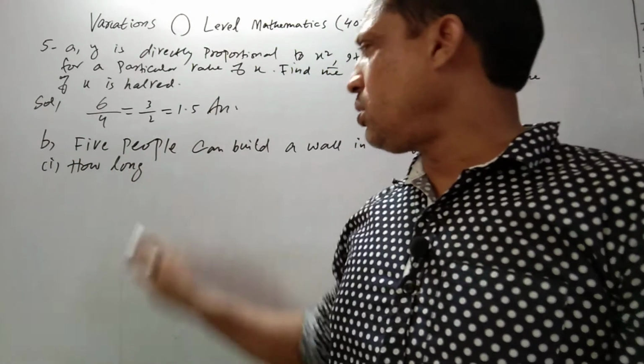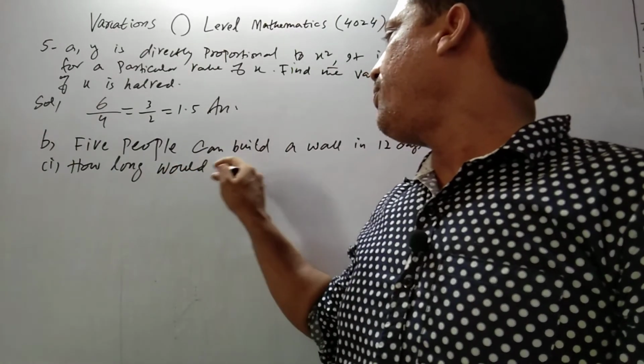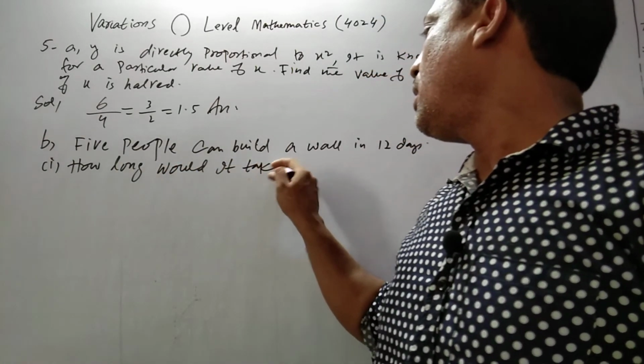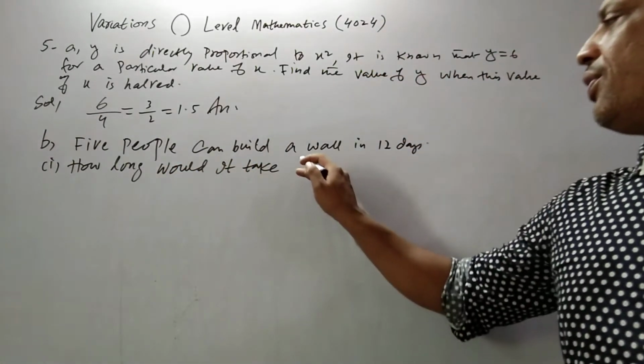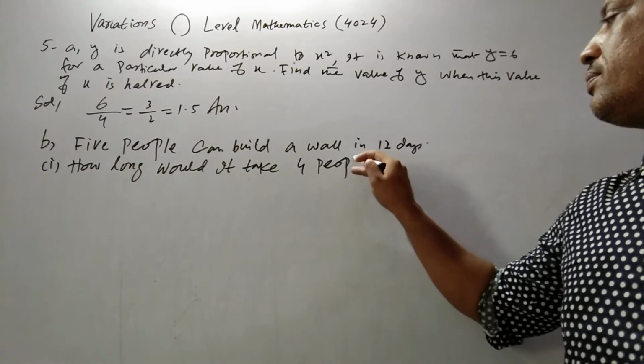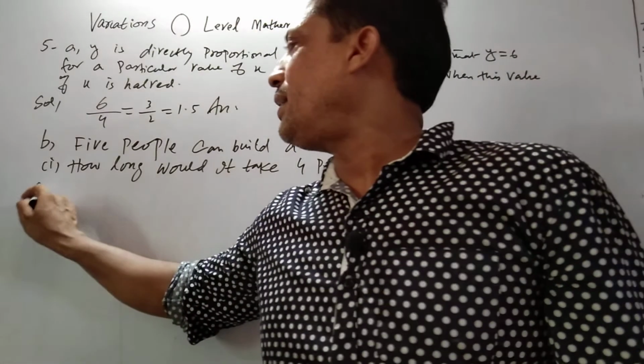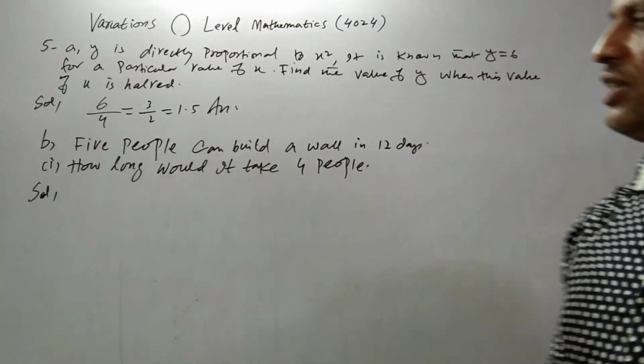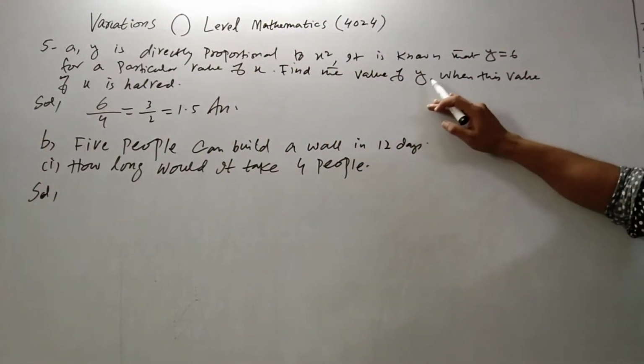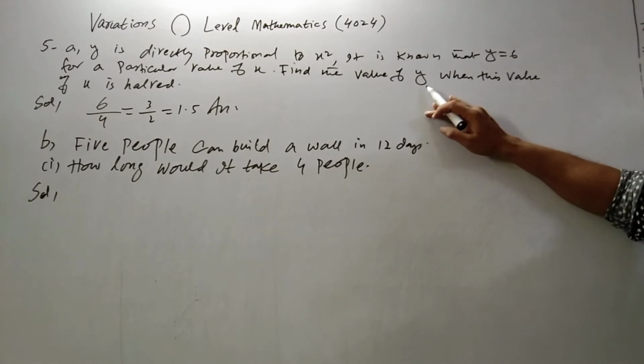How long would it take 4 people? Now first we have to see what is the relation, direct relation or inverse relation. Obviously if people decrease, the number of days should increase.